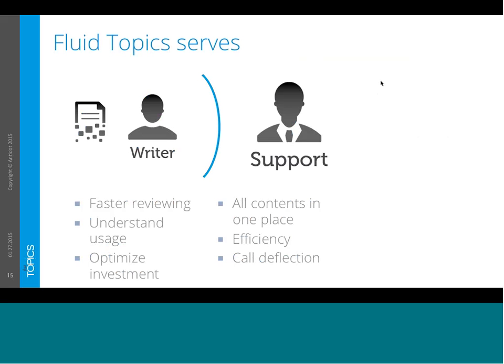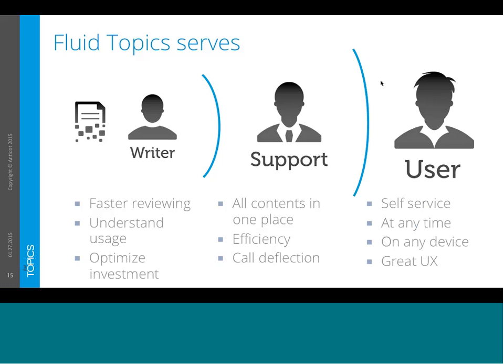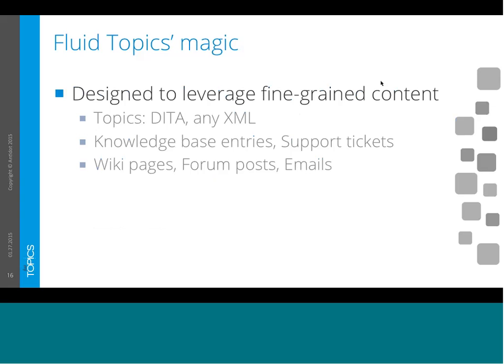For the customer support agents, we provide a unified access point so that all the content is really available in one place securely. And for end users, you can create, for example, a self-service portal and make the knowledge they need available on any channel.